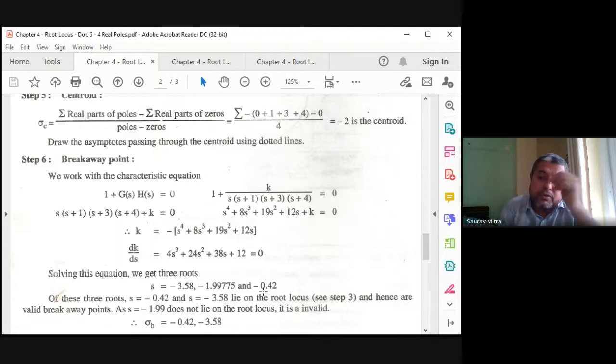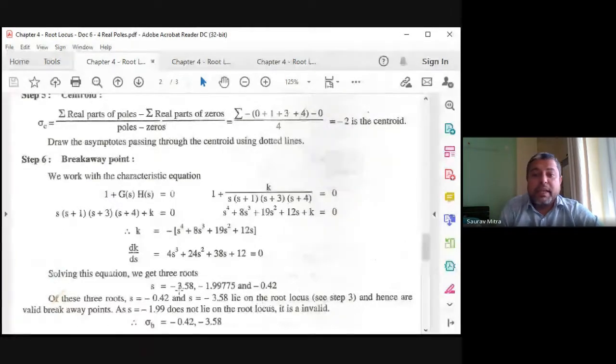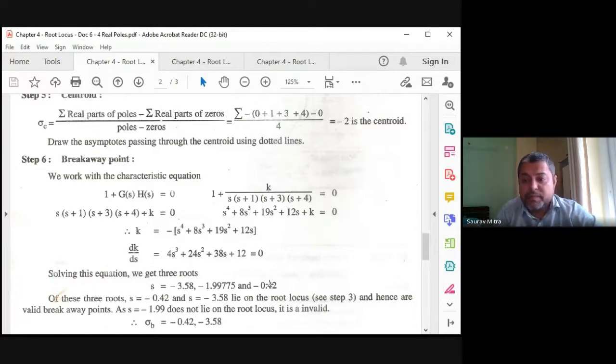Then again you have to go back to the root locus. In the root locus we have shown that the real axis root locus exists between 0 and minus 1, and between minus 3 and minus 4. So minus 0.42 is a valid breakaway point, and minus 3.58 is a valid breakaway point, because a breakaway point always lies on the real axis root locus.